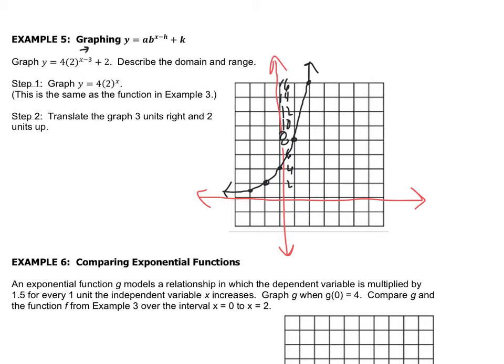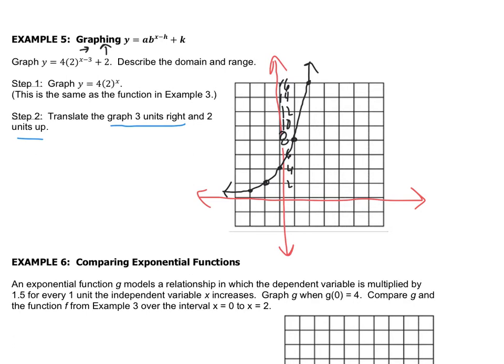Normally we think of subtract as going to the left, but it's the opposite. And then this outside number, this plus 2, is telling us that we're going to go up 2 units. So if I now draw this new graph, all of these points that I just plotted are going to translate 3 to the right and 2 up.